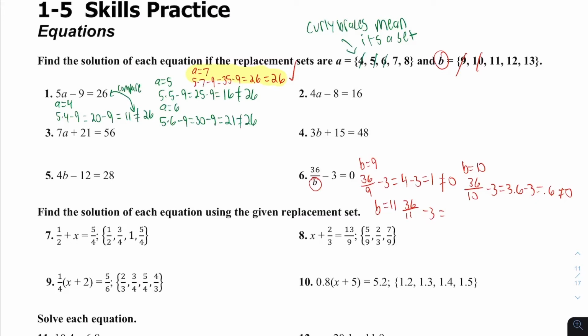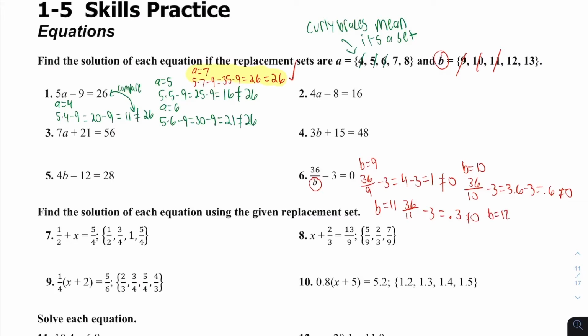I don't know what 36 divided by 11 is, but does 11 go into 36 evenly? No, it's going to leave a decimal. So there's going to be some decimal in the final answer, like maybe 0.3 or something. But that's not equal to 0, so we know that the answer is not 11. We need something that divides evenly.